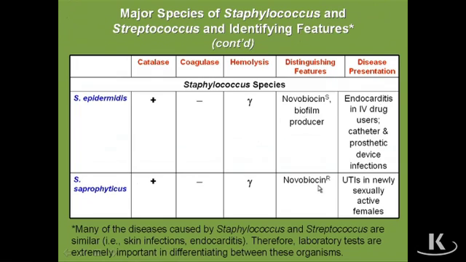Okay? Now, the only way I think they could make that clinically relevant would probably be in the case of maybe a UTI. But even so, typically Staph saprophyticus causes uncomplicated UTIs, usually in younger women who have just recently become sexually active.